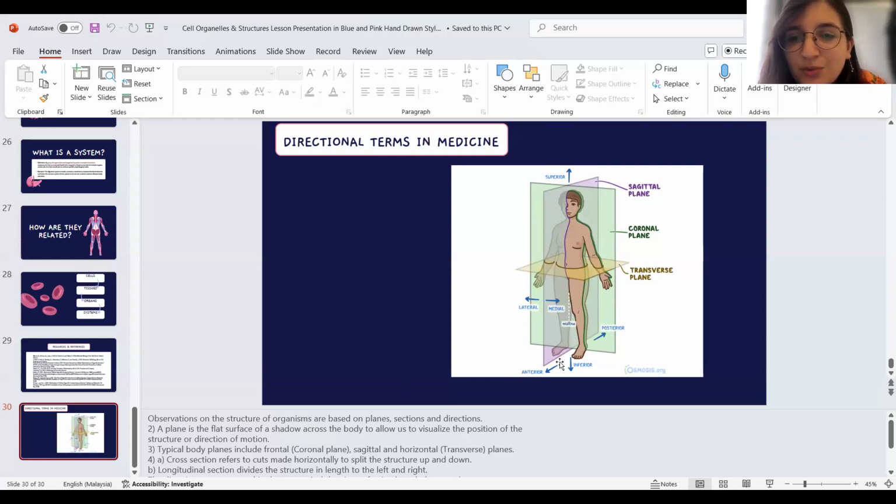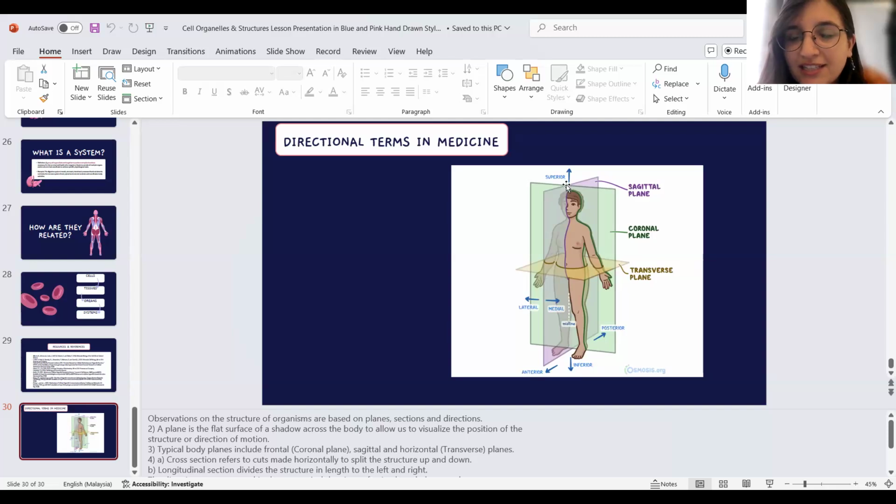The front part is what we call the anterior part, and the back part is what we call the posterior part. And then let's look at the yellow plane. This is the one that basically divides the body into two, the top and the bottom. So we divide it into superior and inferior.